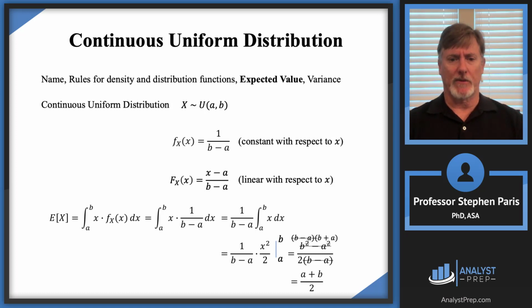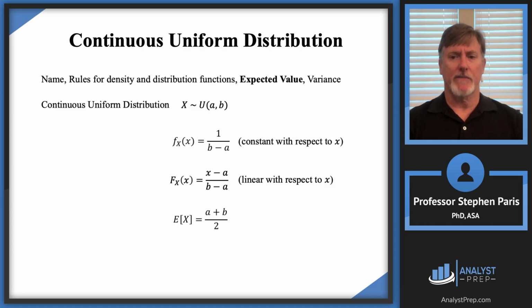And so my punchline is that the expected value of a continuous uniform distribution over the interval from a to b is just a plus b over 2. And notice that that's just the average of the parameters a and b. So just average the values a and b, and you'll get the expected value of the random variable.